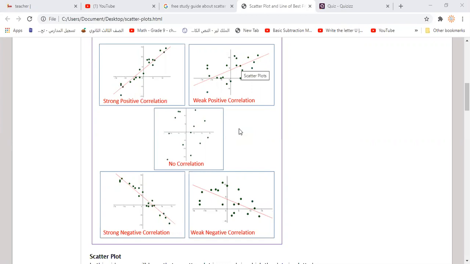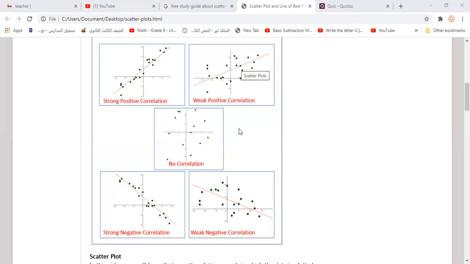Downward. Yes, downward. And how many types do you see in front of you? Two types, yes. The first one is a strong negative correlation, and the second is a weak negative correlation. Thank you so much.